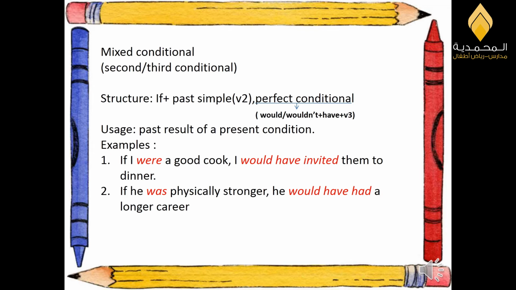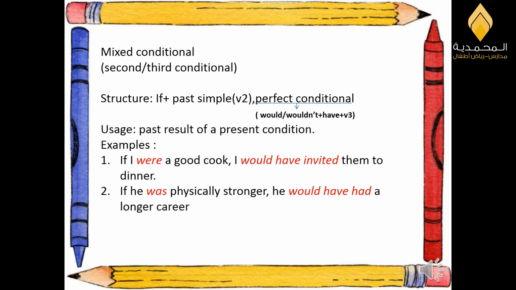Let's look at the examples so it will be easier for you. If I were a good cook, I would have invited them to dinner. What is the past result that I have? I would have invited them. Did I invite them to dinner? No, I didn't. Why didn't I invite them to dinner?